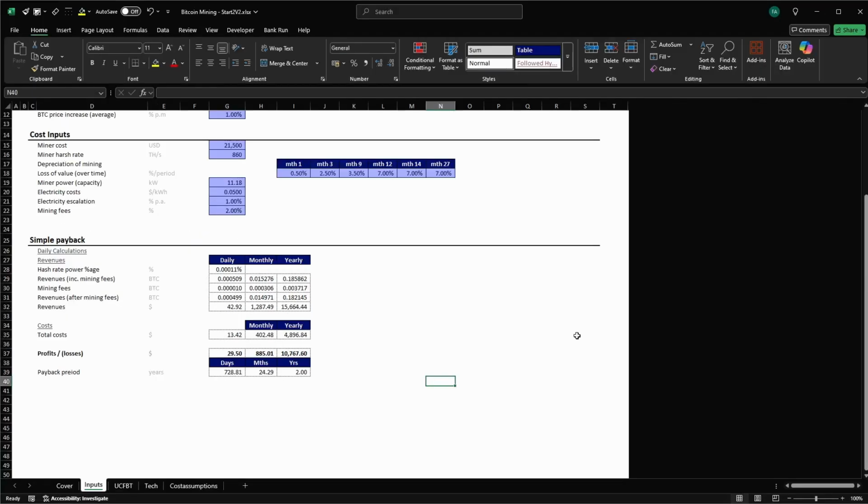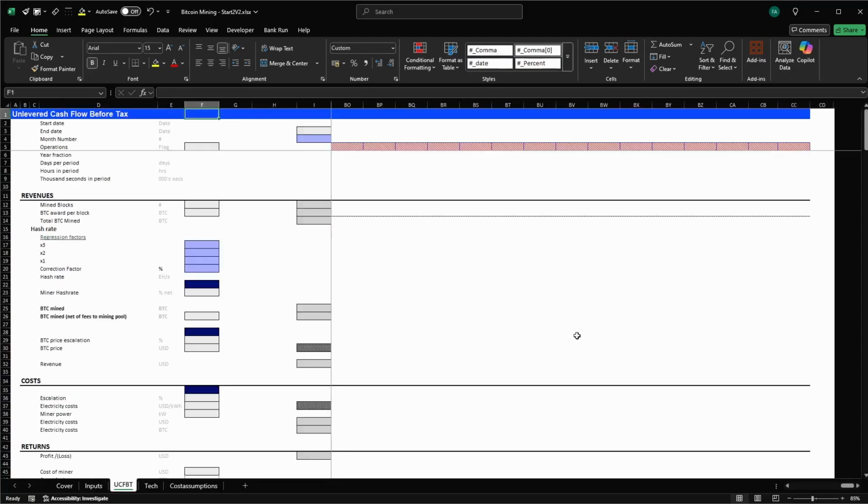All right, so next I have a sheet in here where I have the infrastructure required for us to calculate this more detailed financial model. So there's two ways you can go about it. The first one is just to follow along with me and do everything on your own.